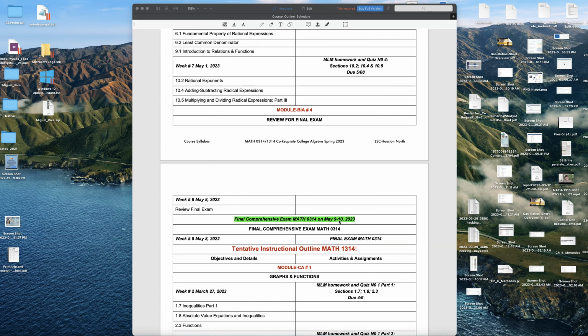The reason I mention this is because I decided to make module number 4 active and available for you. In module number 4 I include just a brief review of everything we have covered in the developmental portion.